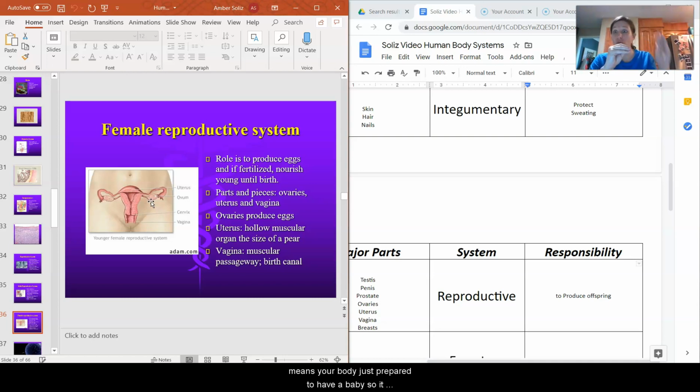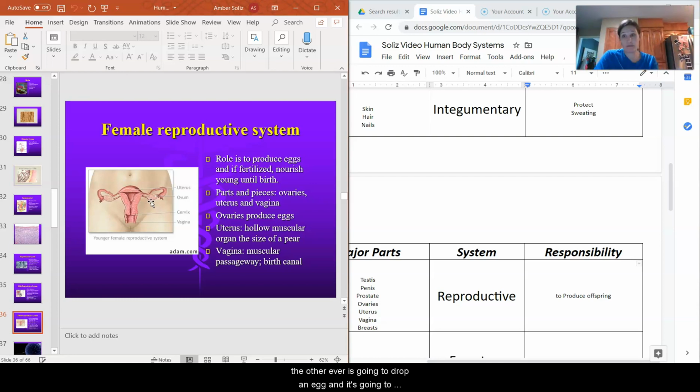So it prepared the uterus, the uterine wall, it got it nice and cozy for a baby to live there, and the egg didn't get fertilized. So now your body says, okay, we're going to get rid of all this. So it's going to shed the egg and all the uterine wall lining. And so that's going to be the menstrual cycle that the female has once a month.